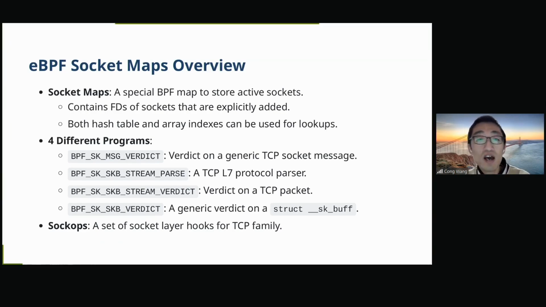These descriptors are explicitly added by the user, whether directly with the file descriptor in user space or with socket ops in the kernel space, either way. And like other maps, there are two ways to look up the socket.